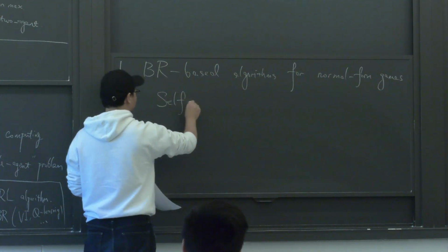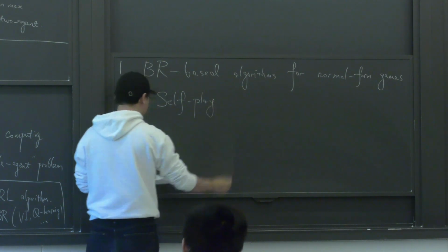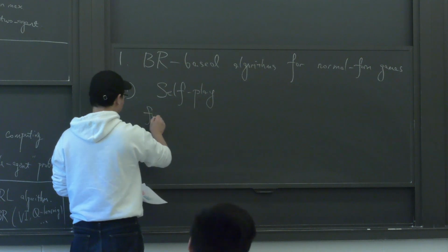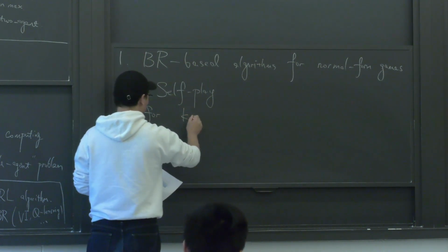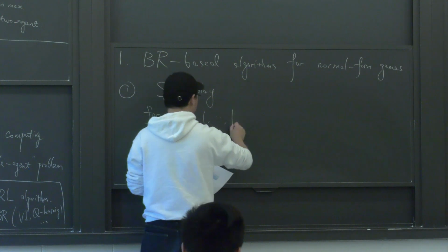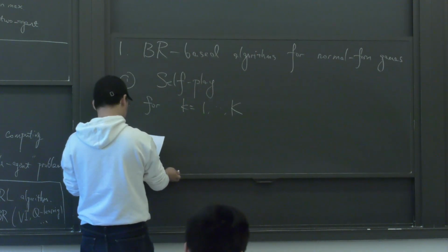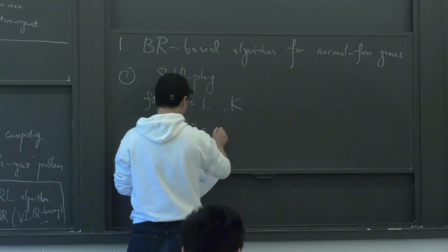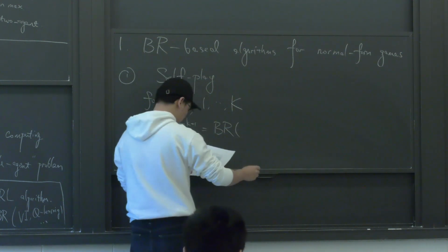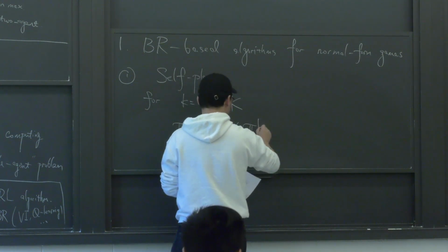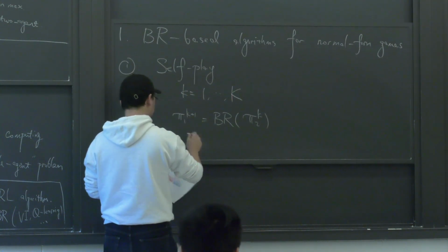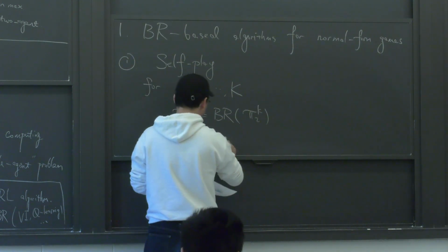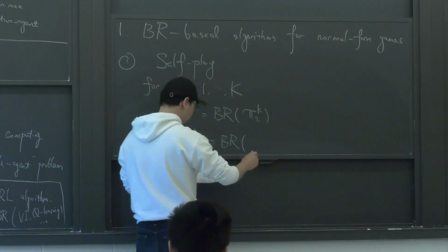It's a very simple heuristic that anyone thinking about this problem might try. The algorithm looks as follows: for k equal to 1 to capital K, pi 1, k plus 1 is equal to the best response of pi 2, k. Pi 2, k plus 1 is equal to the best response of pi 1, k plus 1.